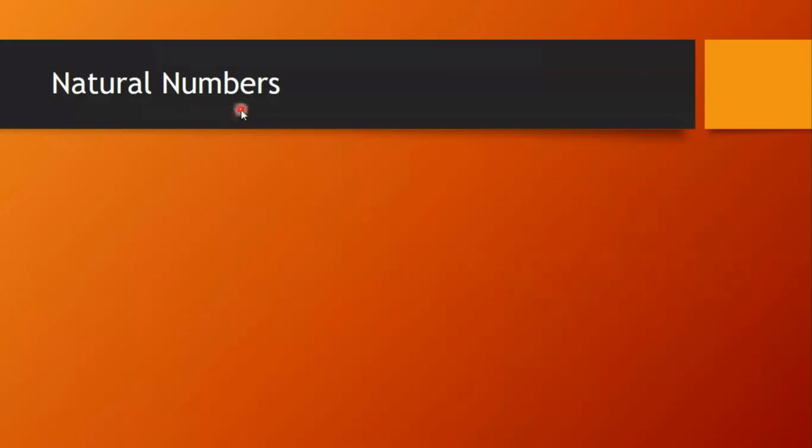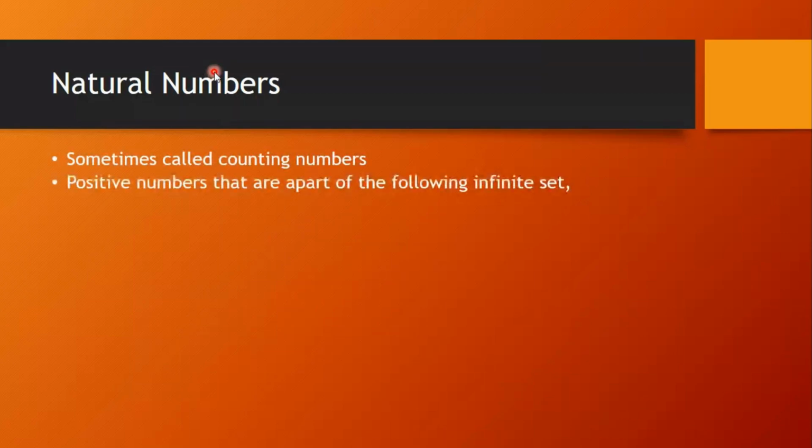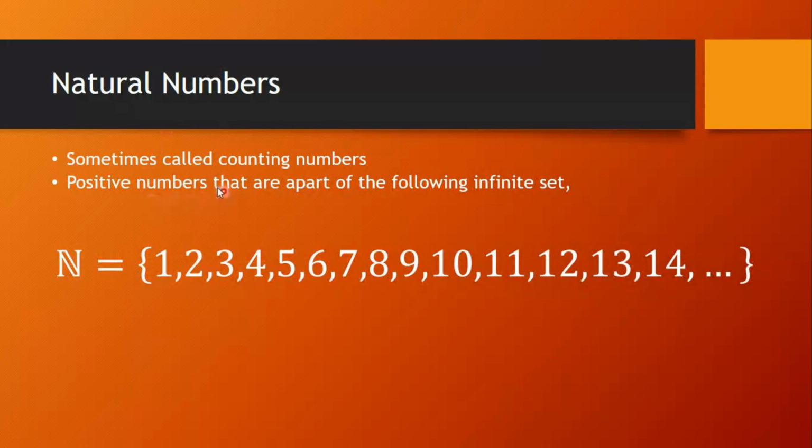The first type of numbers that we will be considering together would be natural numbers. Natural numbers are sometimes called counting numbers. These would be your positive numbers that are part of the following infinite set.